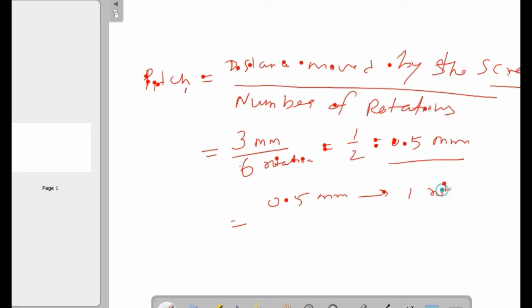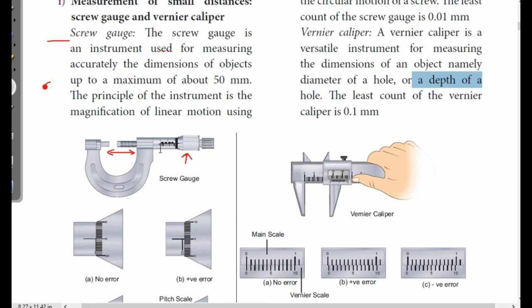If you have to move the screw by 1 millimeter, you have to make 2 rotations. So suppose you have to move this by 1 millimeter, the number of rotations you have to make is 2 rotations. Suppose you have to move this by 0.5 millimeter, you have to make 1 rotation. That's what this pitch means.